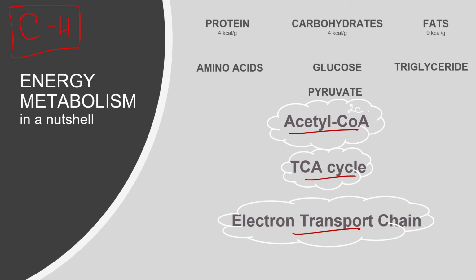In acetyl-CoA, we've got 2 carbons. This is considered the center of energy metabolism. Once we have this 2 carbon molecule, we attach it to a 4 carbon molecule, and we get a 6 carbon molecule. And this 6 carbon molecule, we're going to send through the TCA cycle.